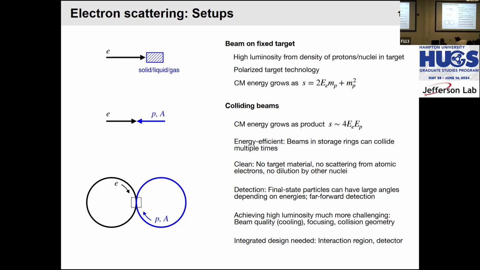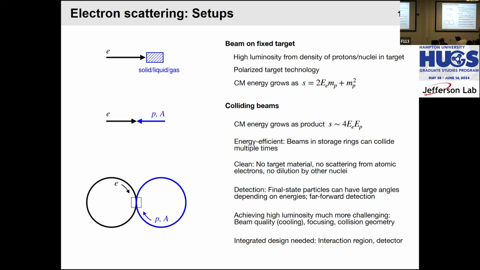In this way, one can usually achieve high luminosities just from the density of protons or nuclei in the target, or as we like to say, Comrade Avogadro works for you. You get Avogadro's number of particles in the target, and you get a huge boost in your rate. There are also technologies available for realizing polarized targets.